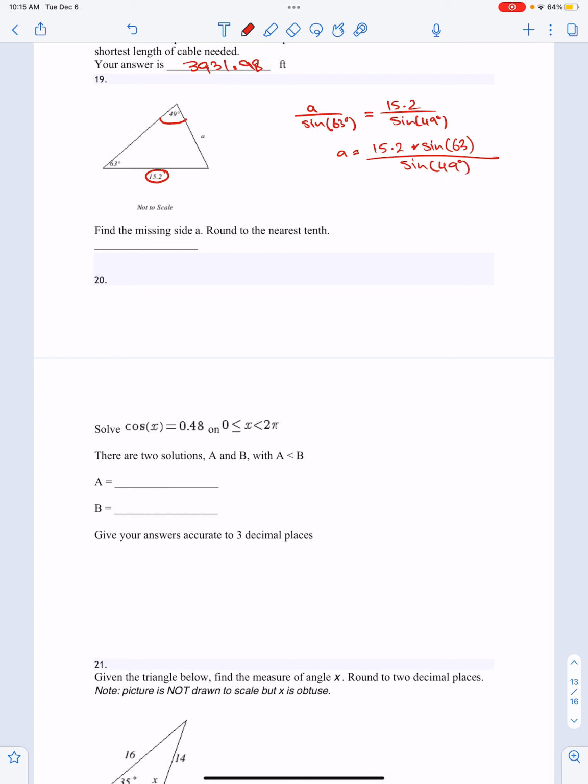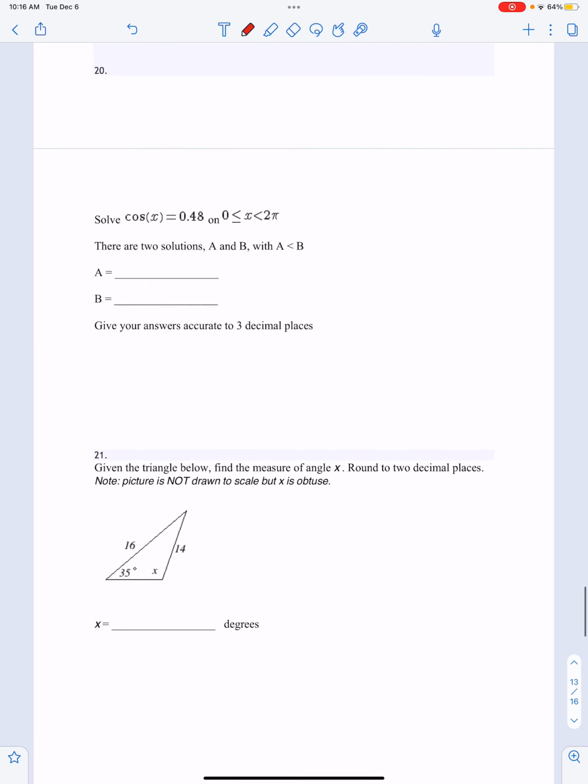We're multiplying both sides of the equation by sine 63. Make sure you are in degree mode. And the answer is 17.95 units.